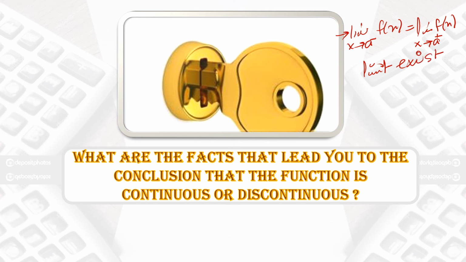And if the limit exists, not only this one condition says that the function is continuous, the limit as x approaches a from both sides should be equal to f of a. So these are the conditions which lead you to the fact that the function is continuous at every point.